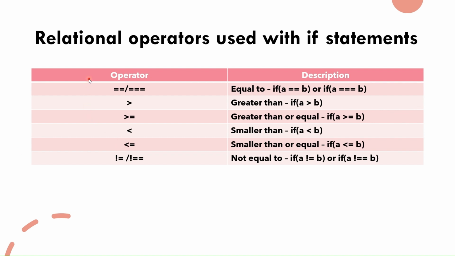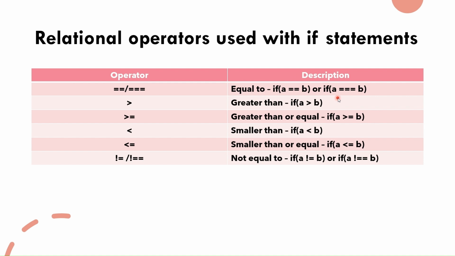We have some relational operators. We are using them with if statements. Here in this table, we are showing a list of them. The operator equal equal, not like the assignment operator, means equal to, and we have double equal or triple equal. The difference is when we use if a double equal to b, it will only compare the value, not the type.